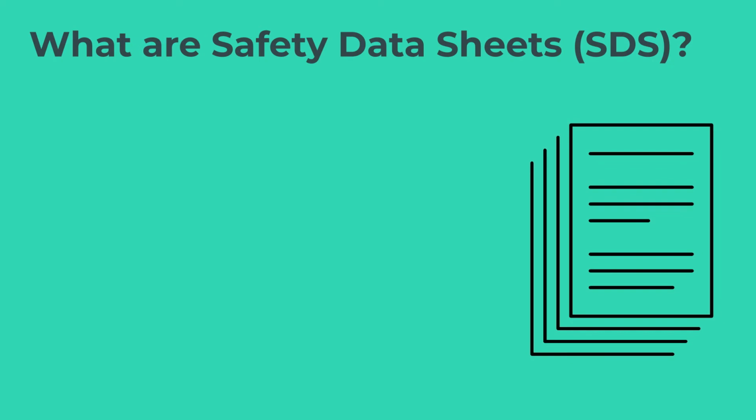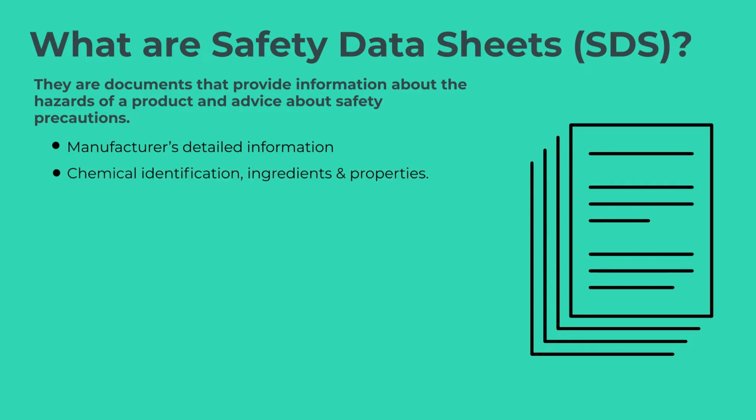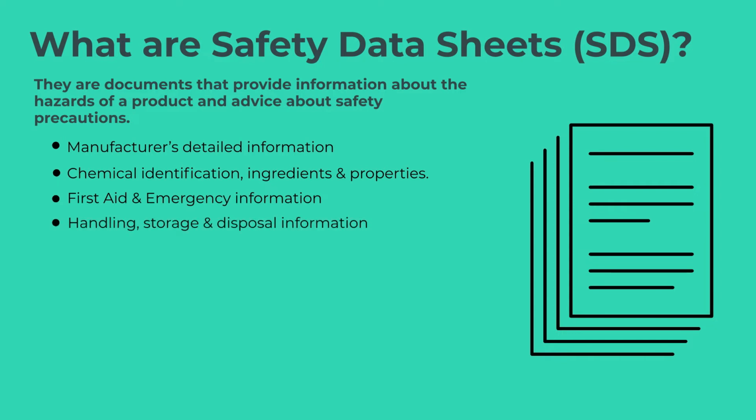What are safety data sheets, also known as an SDS? They are documents that provide information about the hazards of a product, and advice about safety precautions. They state the manufacturer's detailed information, chemical identification, ingredients and properties, first aid and emergency information, handling, storage and disposal information, potential health hazards.